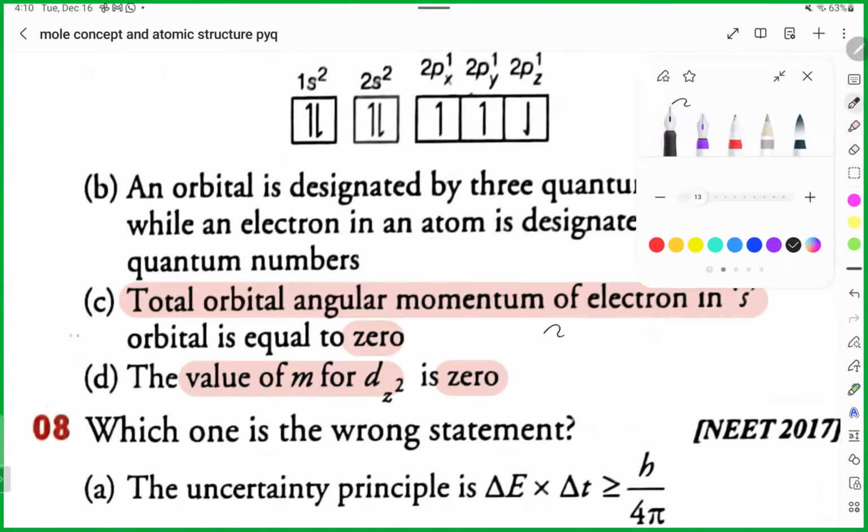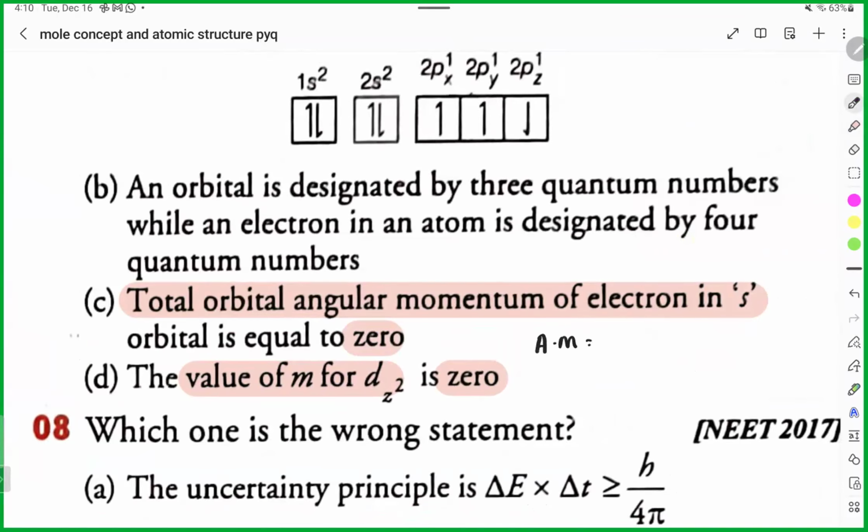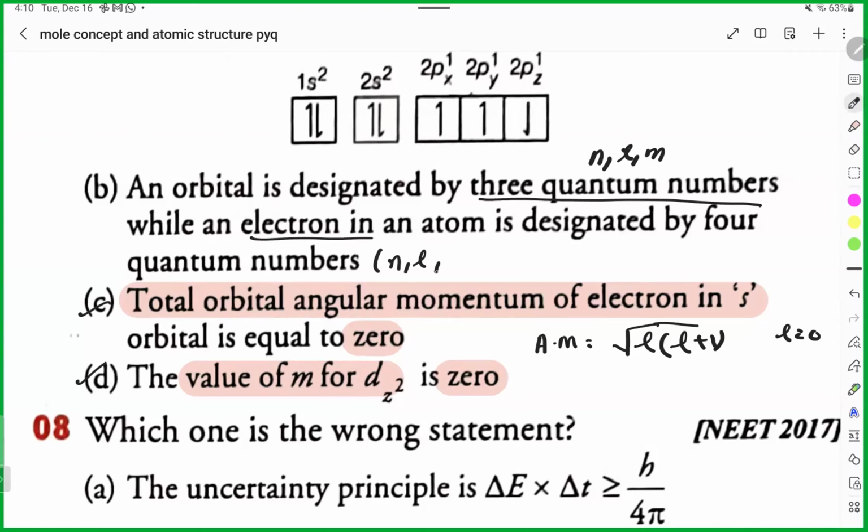Because orbital angular momentum is under root l(l+1), and the l value is 0 for s, so everything will be 0. Correct? Here, an orbital is designated by 3 quantum numbers n, l, and m, and electron movement is designated by 4 quantum numbers: n, l, m, and the spin quantum number. Spin quantum number is for the movement of the electron. The first 3 are for the orbital. This is also correct. All 3 are correct.